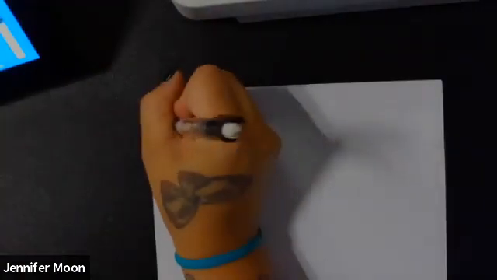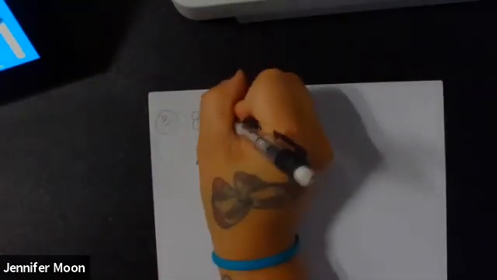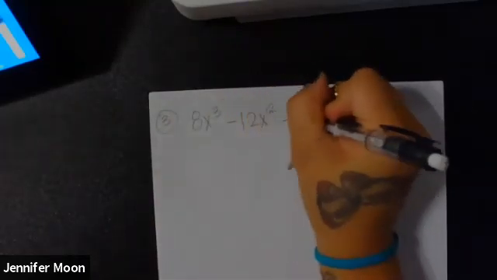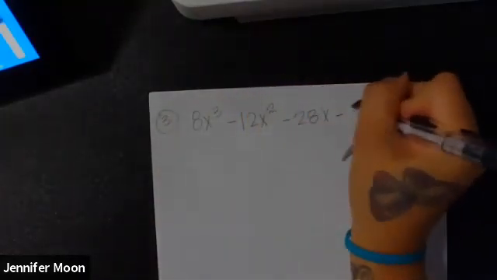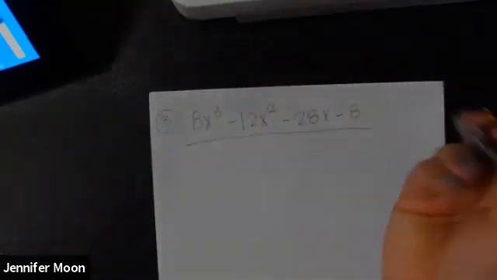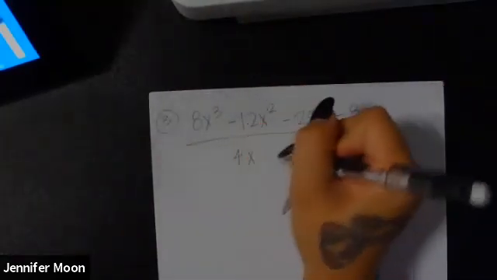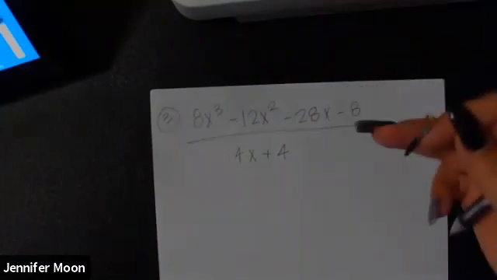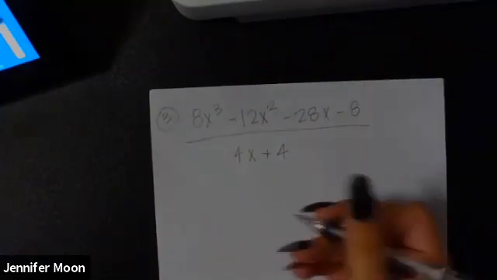Okay. So problem 3. 8x cubed minus 12x squared minus 28x minus 8 divided by 4x plus 4. So this is saying my top is being divided by my bottom.